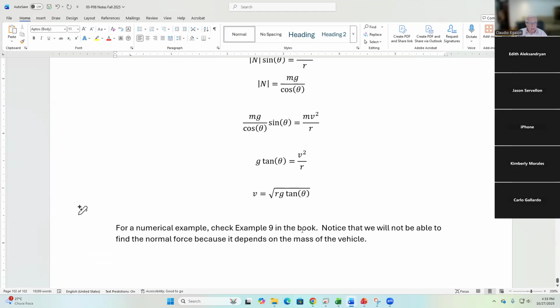And example 9 in the book has something like that, a numerical example.